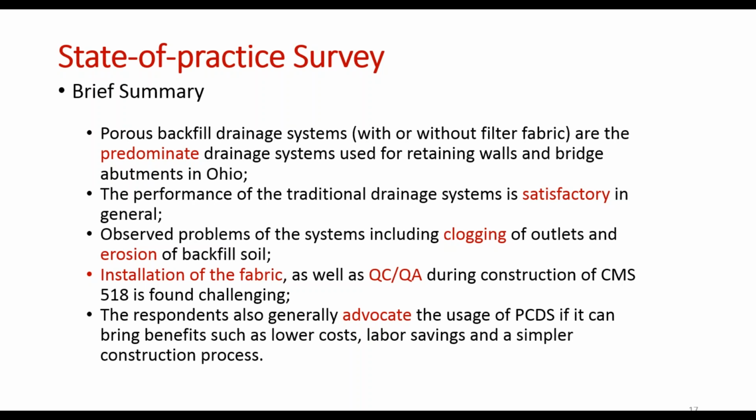The installation of the fabric, as well as the quality control and assurance of this construction, is pretty challenging, as reported by the respondents. They also generally advocate the usage of the PCDS, if it can bring such benefits as lower cost, labor saving, and a simpler construction process.